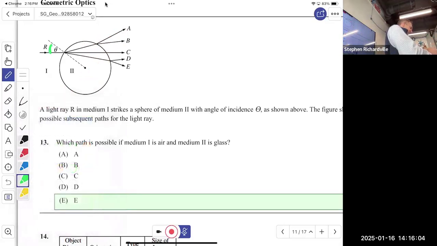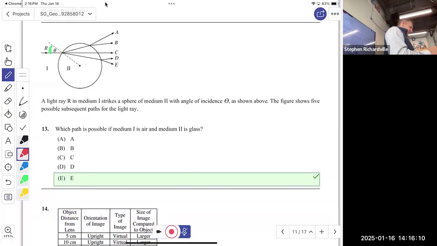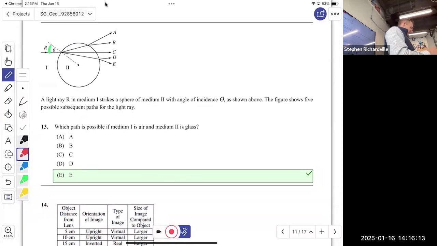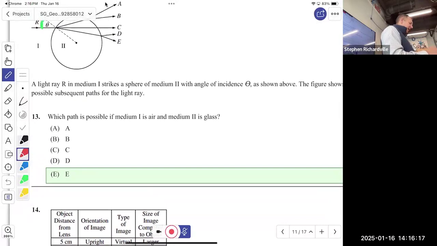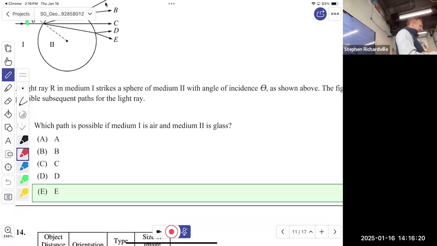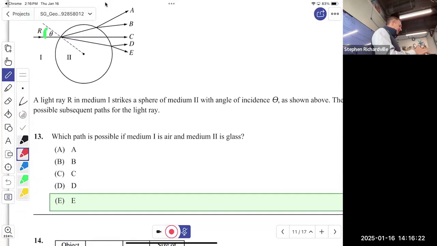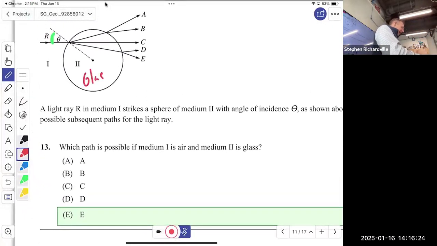Well, if this is my theta initial... Oh, does it tell me what path is medium? Oh, 1 is air and 2 is glass. So that tells me that this is the bigger one, right? In that case, my angle has to be smaller than green. So I know it can't be C, so it's got to be D or E. Really, you guys should be picking only D or E.